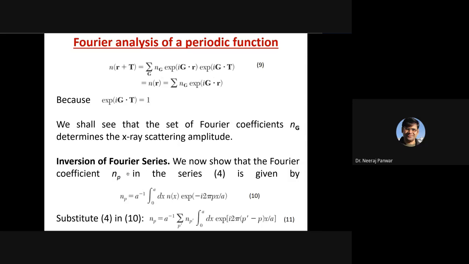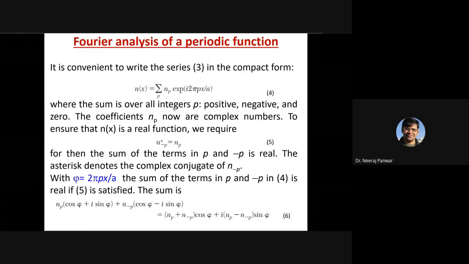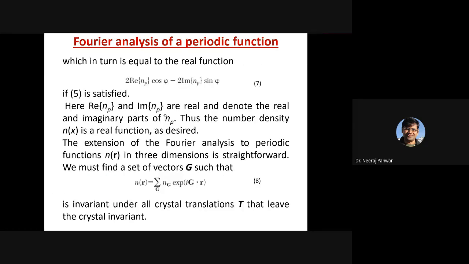Now, in order to calculate this nP in this equation, we can calculate this nP if we multiply this equation by e to the power minus i2πpx upon a and integrate it, and this is how it is given.